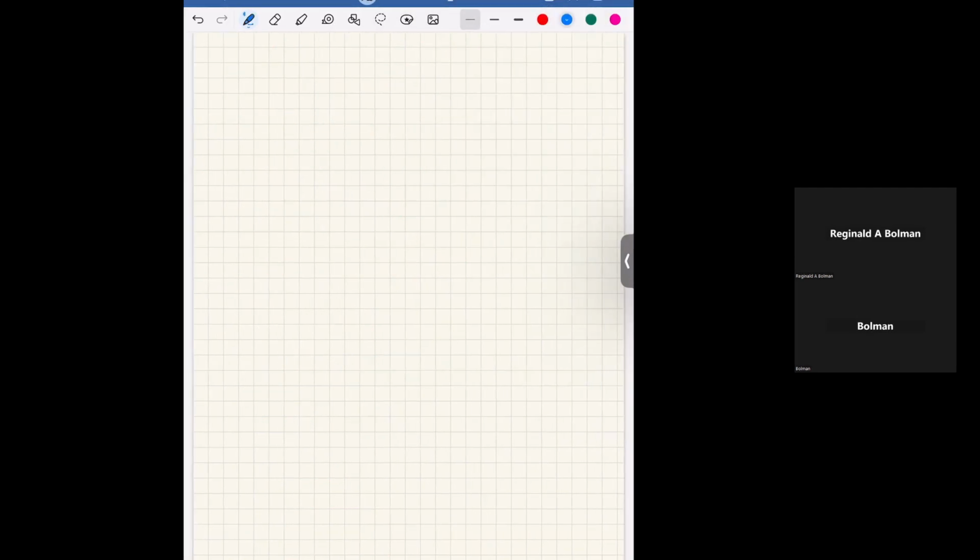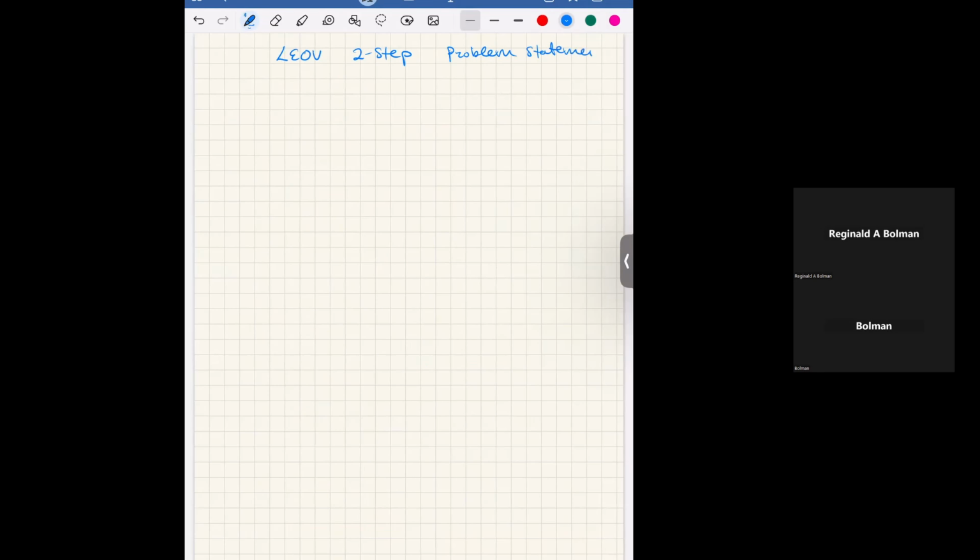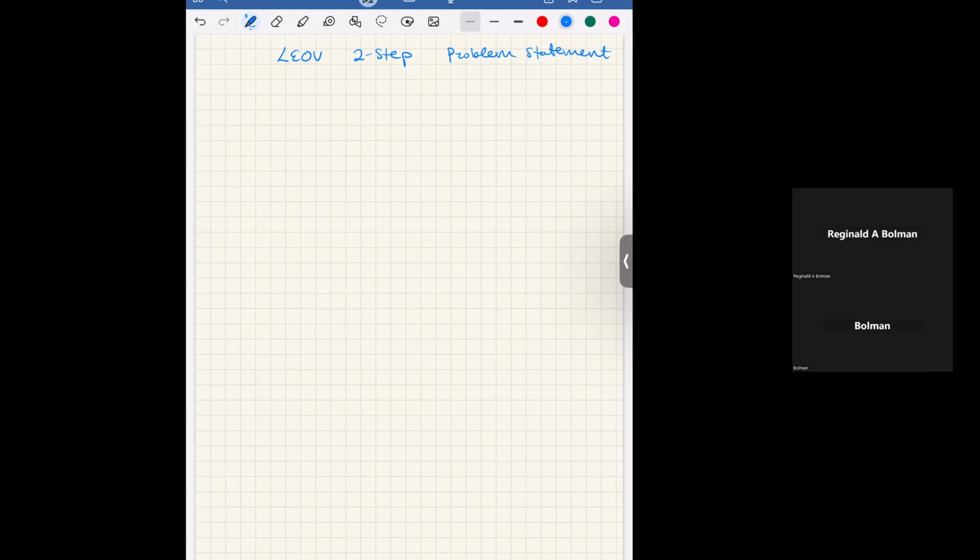Now, the next most complicated linear equation is going to be the linear equation of one variable two-step problem statement. These are going to pop up over and over and over again throughout your entire time in mathematics, all the way through college algebra, all the way through calculus, all the way through your engineering school if you take engineering classes, all the way through physics, all the way through chemistry, and so on and so forth.